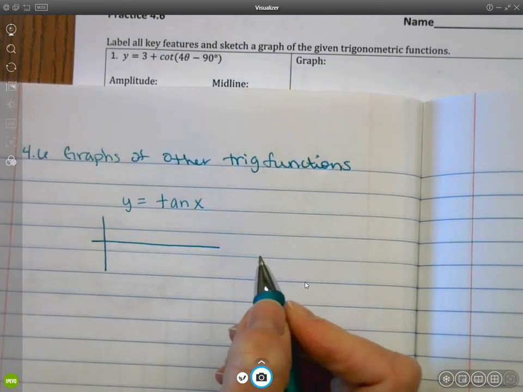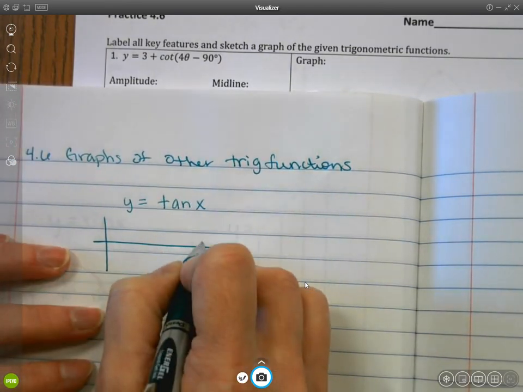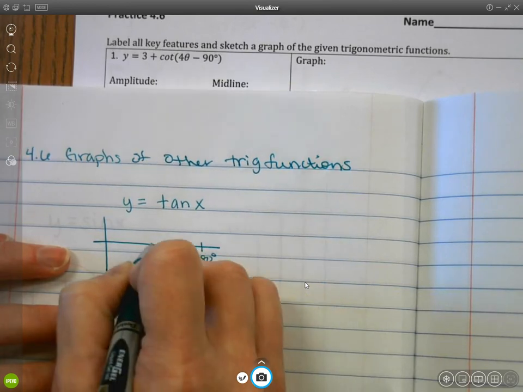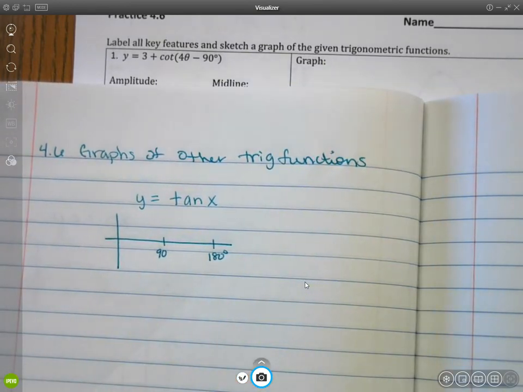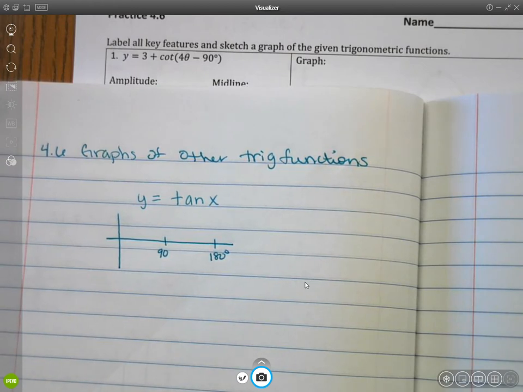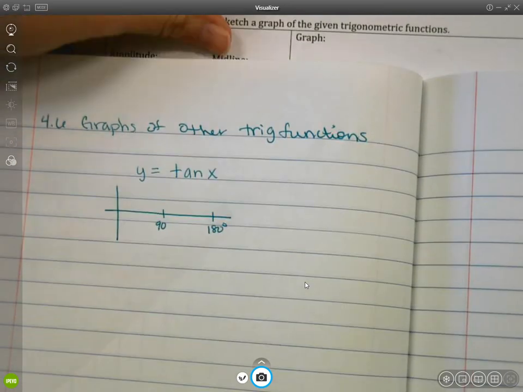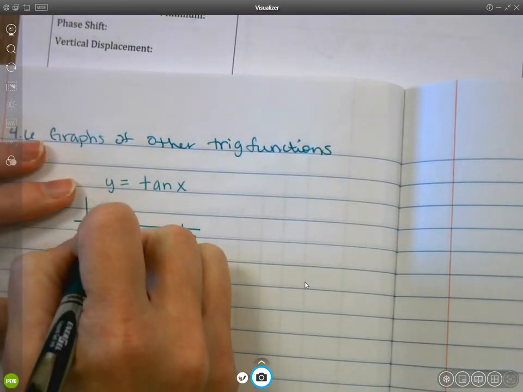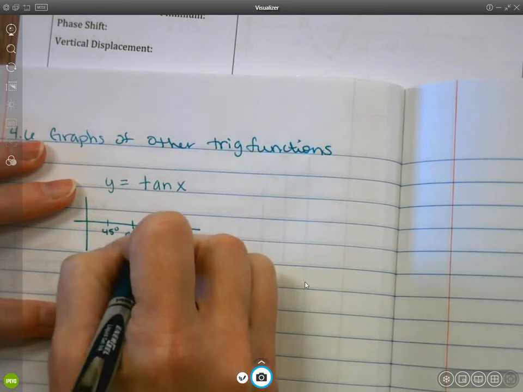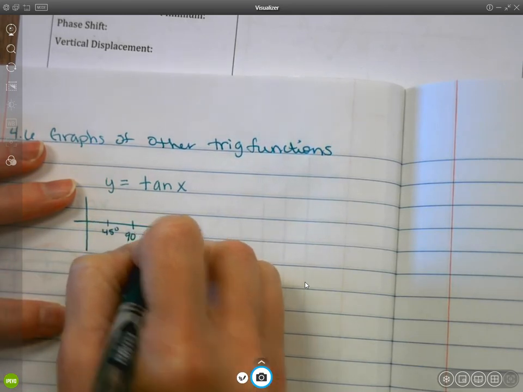All right, so for tangent, the period of tangent is 180, so we only have to go out to 180. So then we have a 90, and if we want to split it into quarters so that everything is the same, then we have a 45 and a 135.